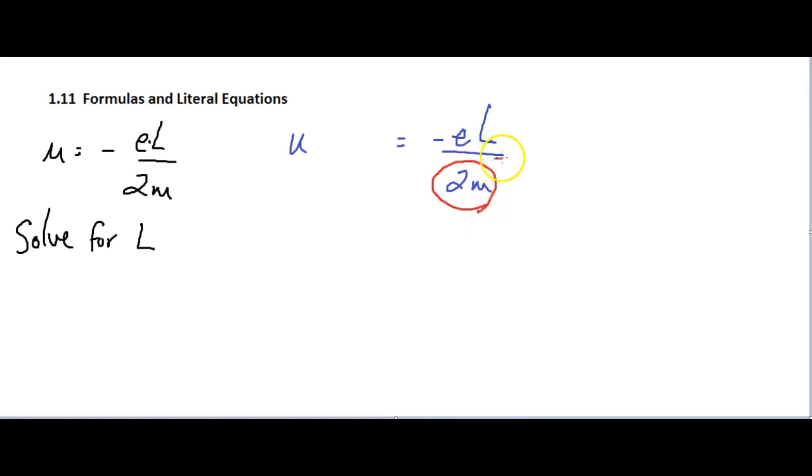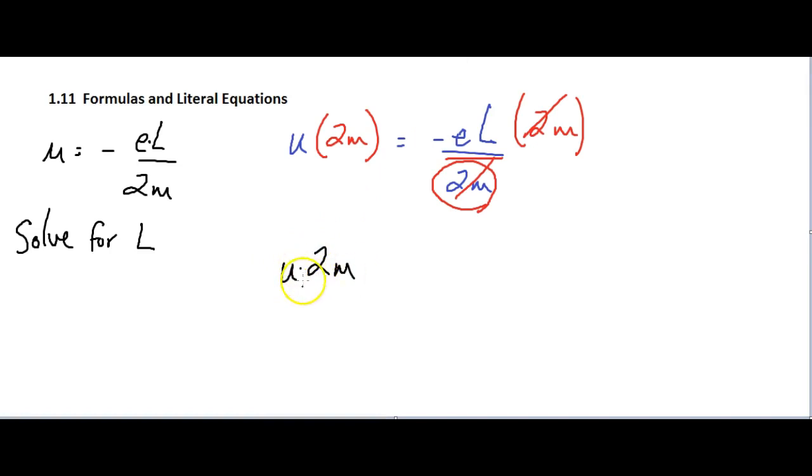It is divided on this side, so we need to multiply by 2m on this side and multiply by 2m on this side, because the 2m over 2m cancel each other out. So that leaves us with u 2m, right?